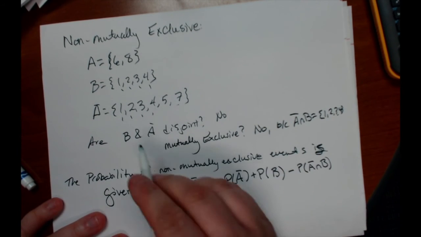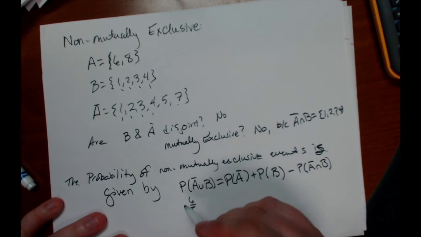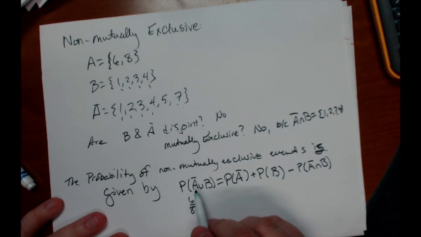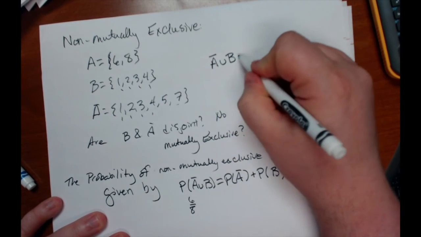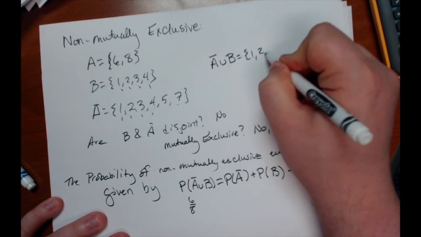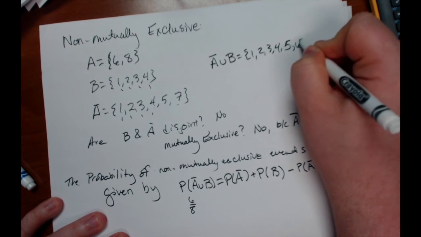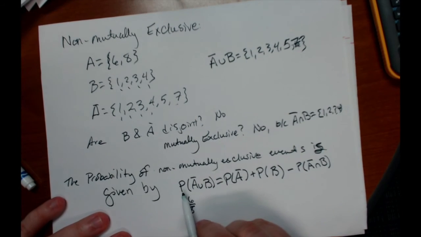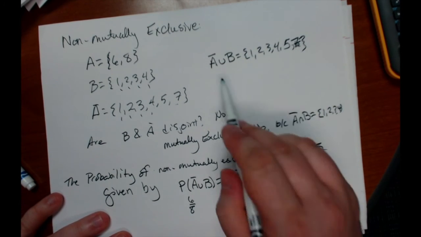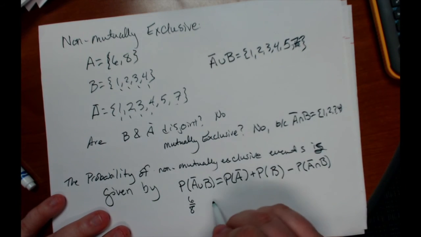Now the probability of A complement union B. This set, 1, 2, 3, 4, 5, 7, is 6 out of 8.